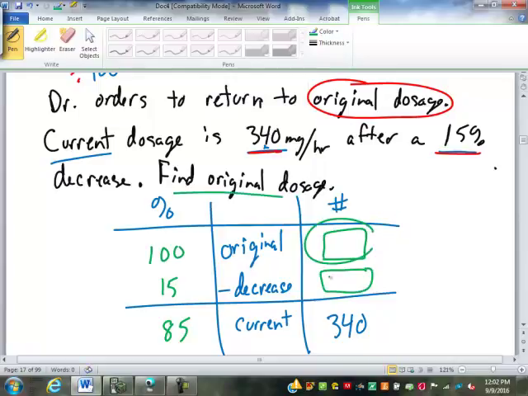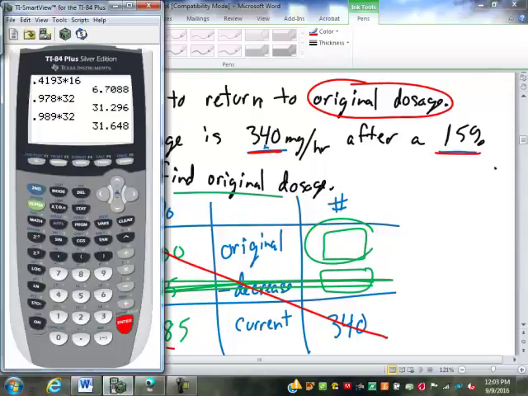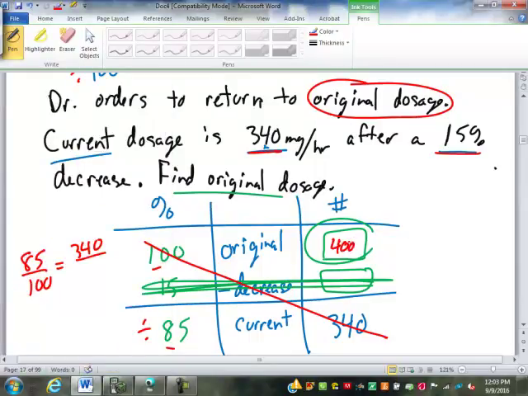The original dose. So we don't need the amount of the decrease. Now I could set this up in a proportion. I have 85 out of 100. The 340 goes with the 85 because they're on the same line, and then cross multiply and divide. Or I could just do it right here. 100 times 340 divided by 85. Gives us 400. The original dosage was 400 milligrams per hour.